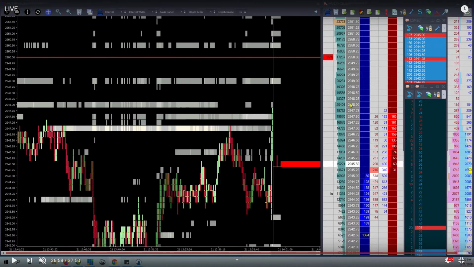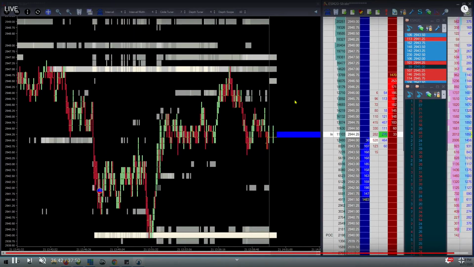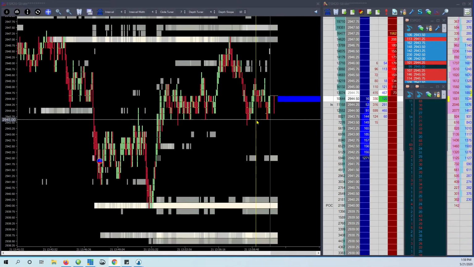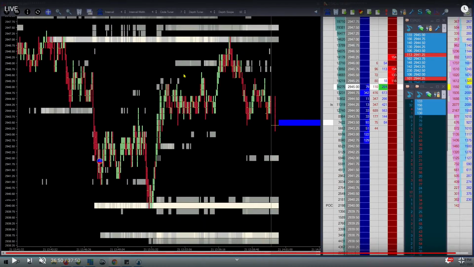Also, it's actually at a sort of a high node, a point of control, and it bounces right under it beautifully. And it's just such an overextended, dramatic move. Again, it's the bond market closing. So typically when something like this happens, there's going to be a bit of a pullback. But unfortunately, I don't have the delta pulled up here.